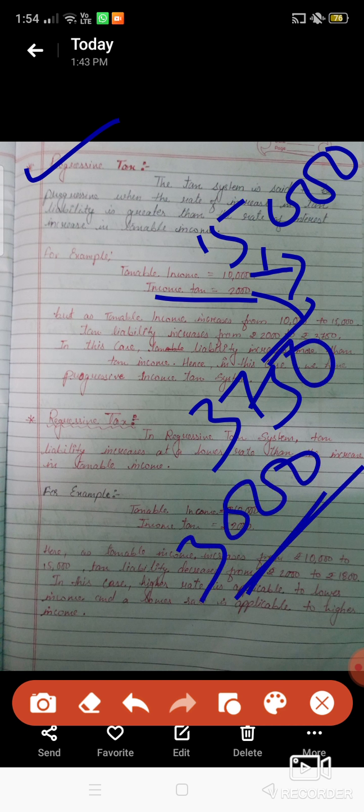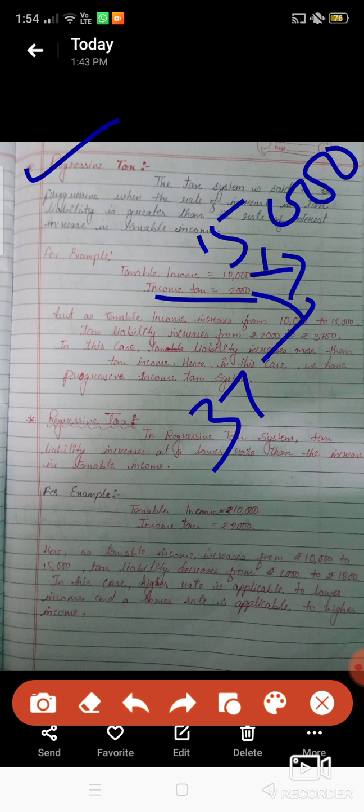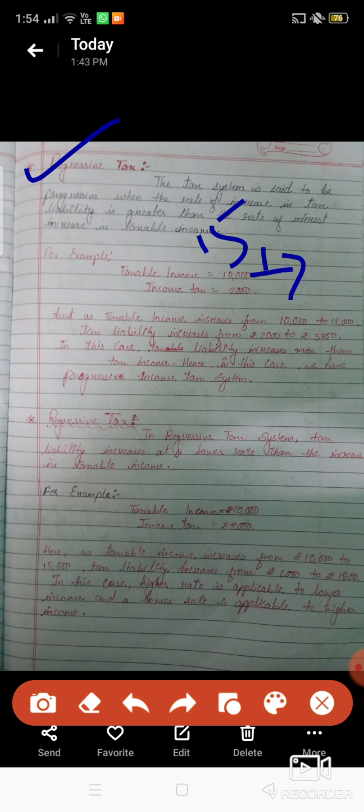Then the rate of tax is more than the rate of income increase, and it is known as progressive tax. It means the more the income increases, the more the tax increases.